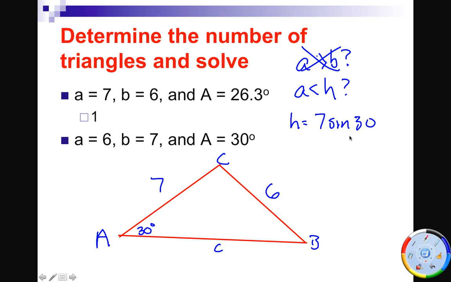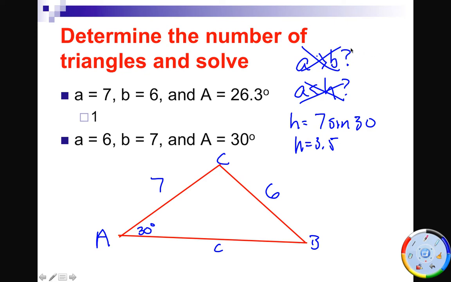Well, I know sine of 30 is 1/2, so this is 3.5, 7 over 2. Is A less than H? No, because 6 is not less than 3.5.